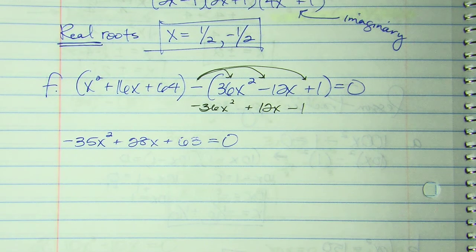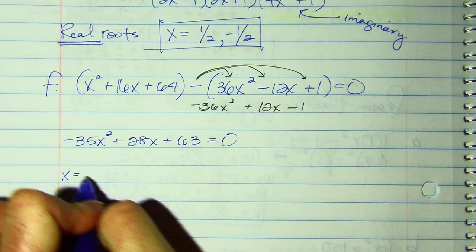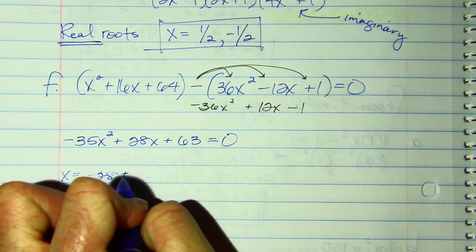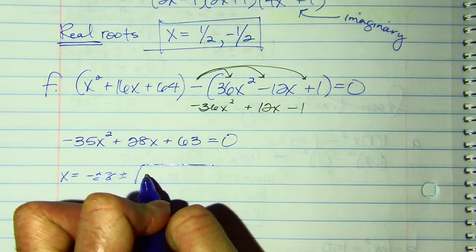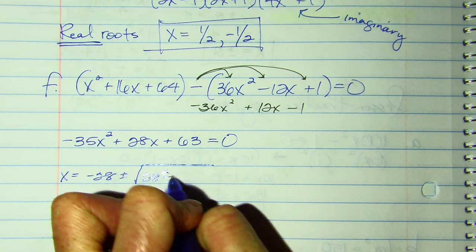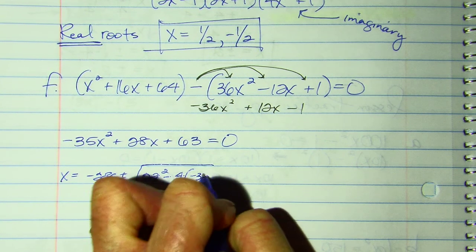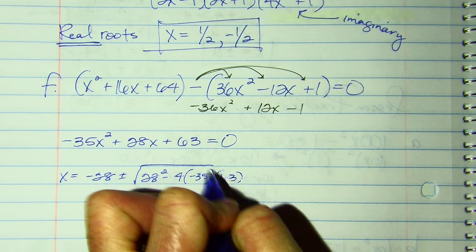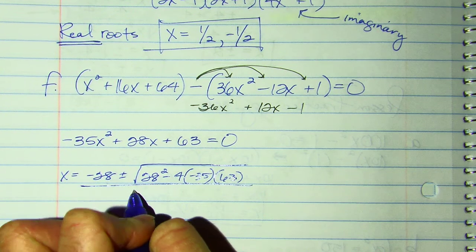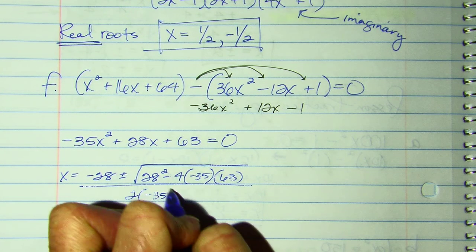Now, the difference of two squares and all those methods we've been using up until this point won't work. So we're going to have to use the quadratic formula. So x equals negative 28 plus or minus the square root of 28 squared minus 4 times negative 35 times 63, all over 2 times negative 35.